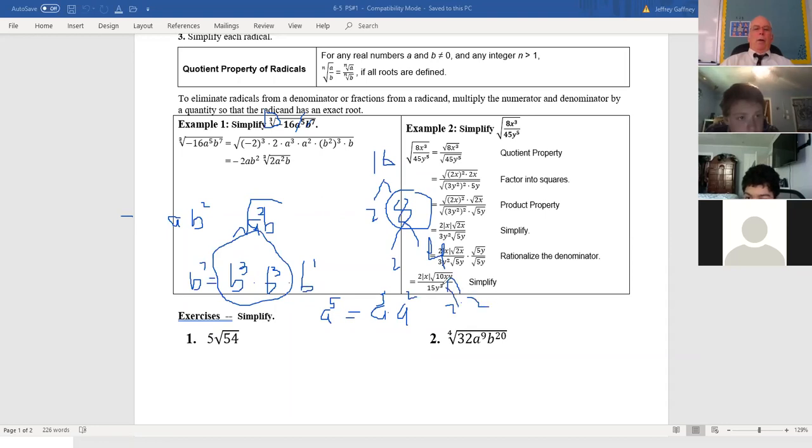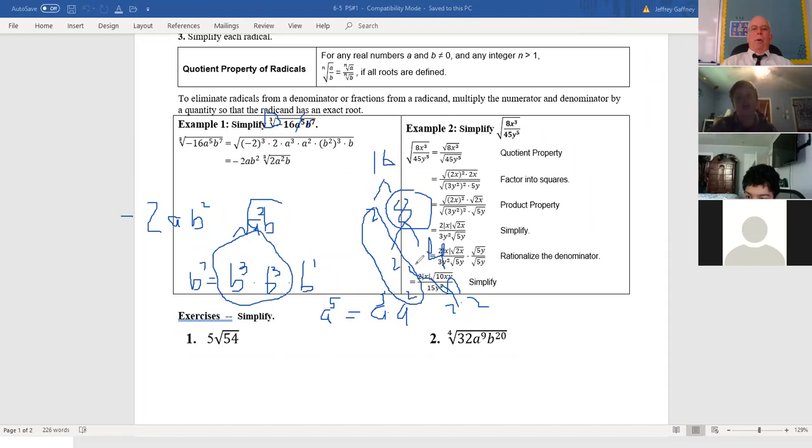So look here, with my messy handwriting, how many 2s do I have? I've got 3 2s right there. So those 3 2s to the 3rd power can come out of the cube root as 2, right? And what do I have left over?